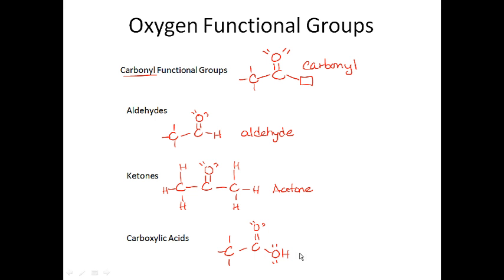And so carboxylic acids are acids because they tend to lose this H plus to form the deprotonated carboxylic acid, which has a negative charge on this oxygen. And as we saw last week, this minus can be used to form two resonance structures here. And so carboxylic acids are Bronsted acids and will donate protons.